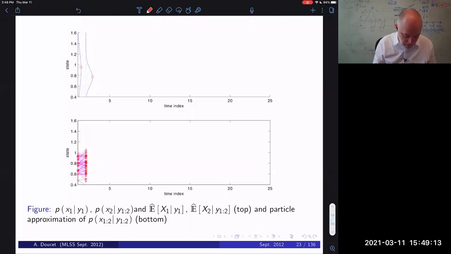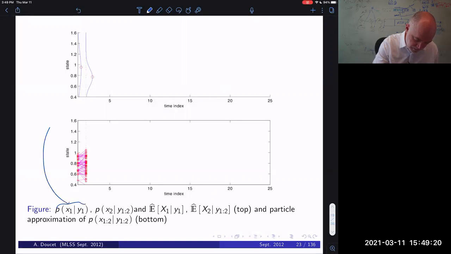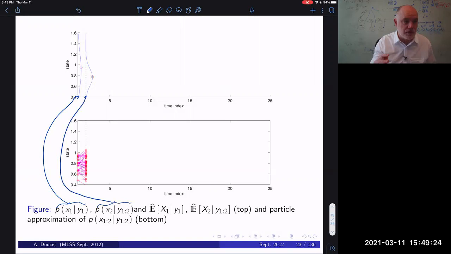And what we get then is, so again, as before, this is this curve, this is this curve. In other words, these are the true filtering distributions, right? These are the SMC estimates of the same, and they're plotted in these red circles.